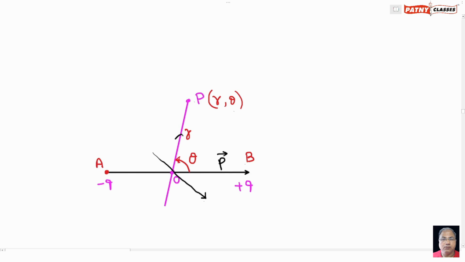The component of dipole moment along OP is P cos theta, and perpendicular to OP it is P sin theta. Now extending this diagram along OP, that is DOD, and perpendicular to OP, that is OC. Why are we drawing this diagram? So that we can find the resultant electric field intensity due to this short dipole.